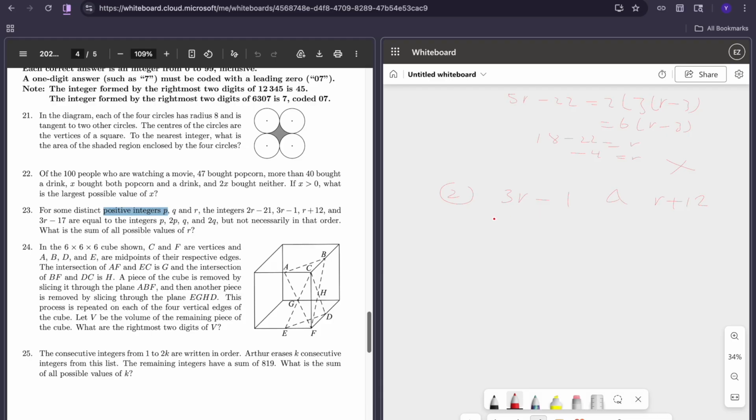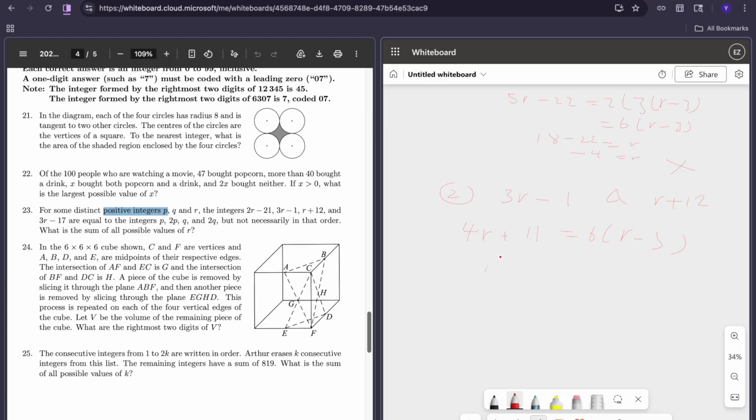So let's try first to solve for r and see what's going to happen. So 3r minus 1 plus r plus 12 equals 4r plus 11, which is equal to 6r minus 3.